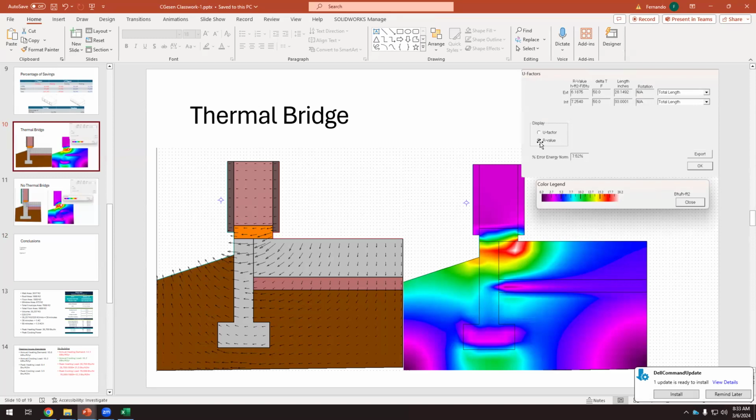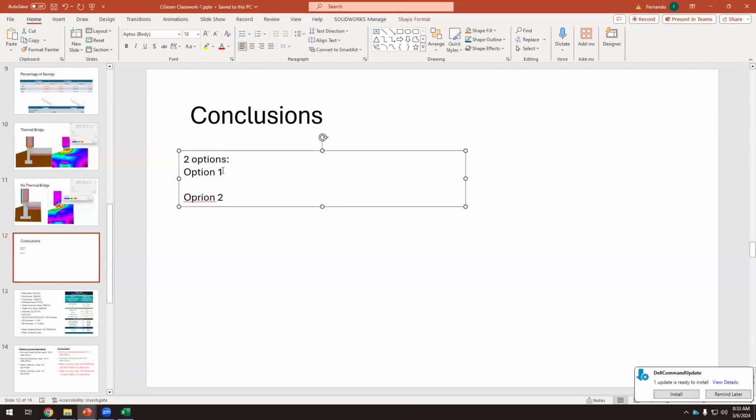We are looking at this R value that comes from this table. The R value of this floor to wall transition in this case is between 6 and 7.